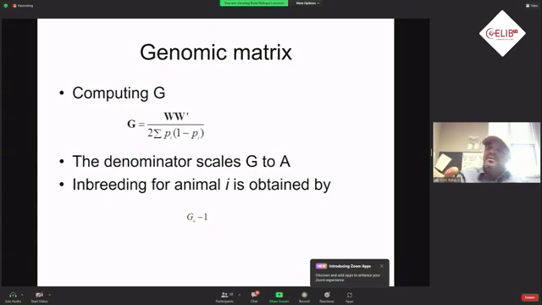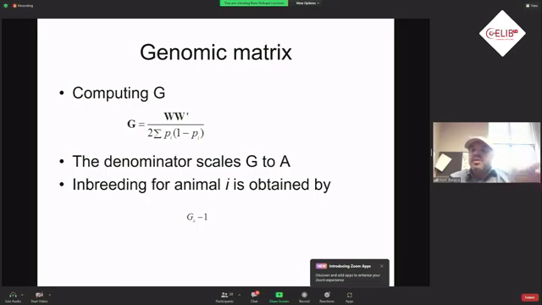Somebody asked before how the SNP information is considered when you use a genomic animal model: it is through G. We use the genotypes, the values of X. In the SNP model, we included them as covariates for the SNP effect. Remember, we wrote the sum of X sub ij times beta j, so the X sub ij were the genotypes for the SNPs. We include them directly in the association model.